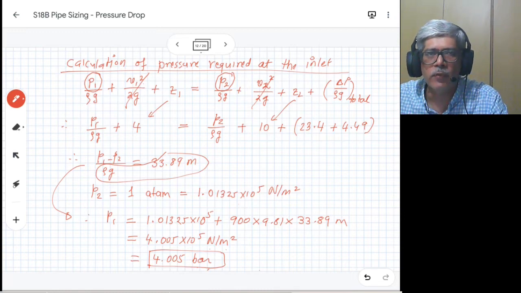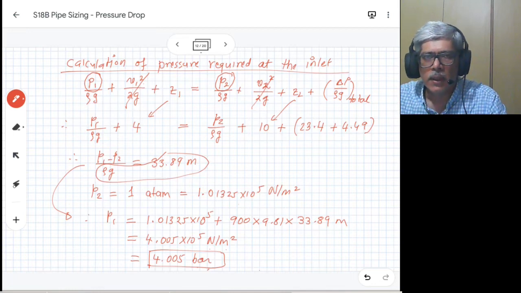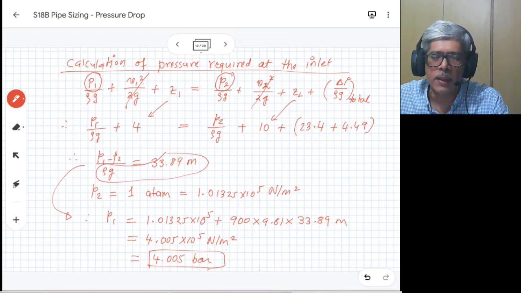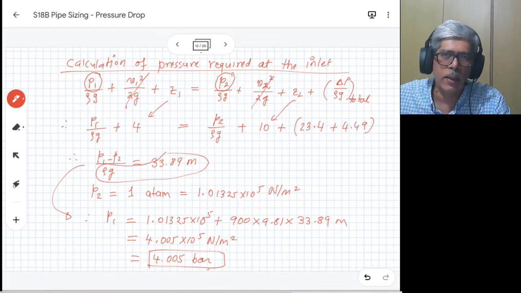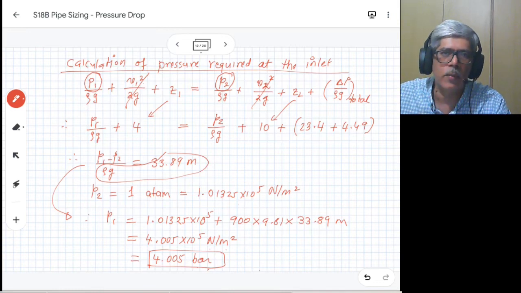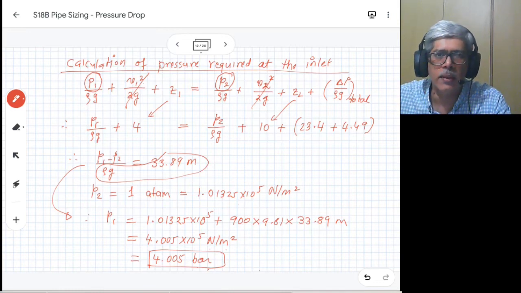In this specific problem, we wanted to know the inlet pressure, and for the given case the pipeline was already selected. In a design from scratch, in general, you don't know the inlet pressure. You know the outlet pressure, that is the column pressure, but you have to play with different pipeline sizes, find out which pipeline requires how much inlet pressure, and then do a cost analysis to find out which is the optimum case.